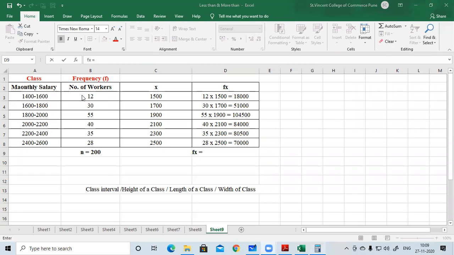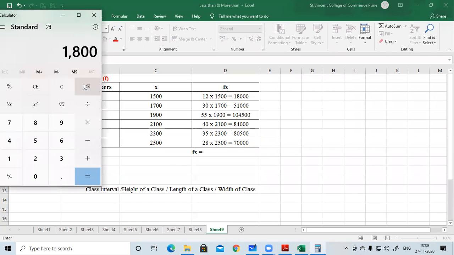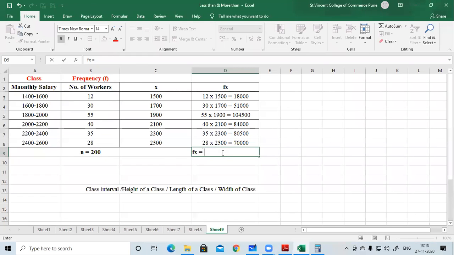So basically what you have to do here is 18,000 plus 51,000 plus 1,04,500 plus 84,000 plus 80,500 plus 70,000. We get 4,08,000. Is this right?